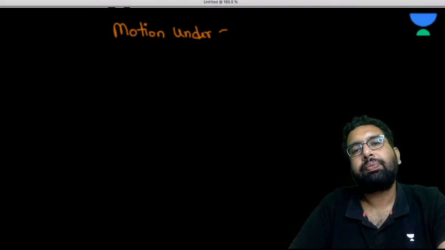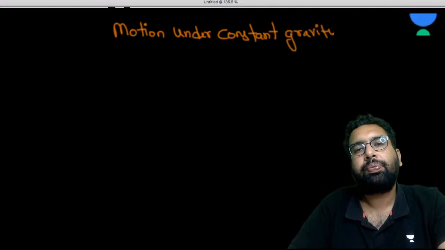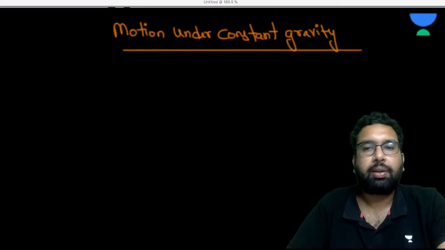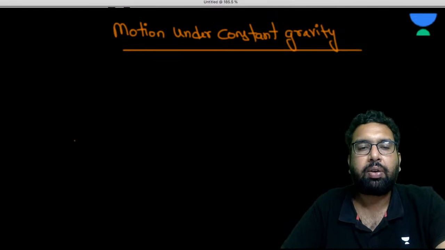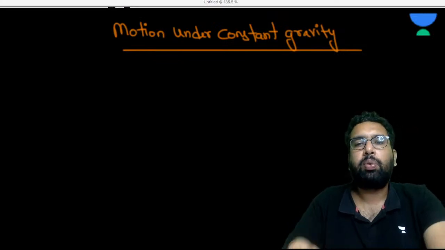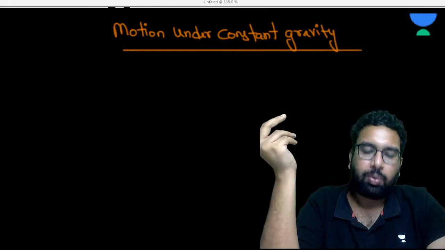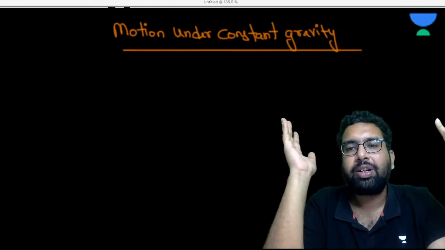One very beautiful application of this is motion under constant gravity. Let's suppose you have thrown something from a tower or from the ground. We must have seen this kind of question: what is the maximum height it reaches?